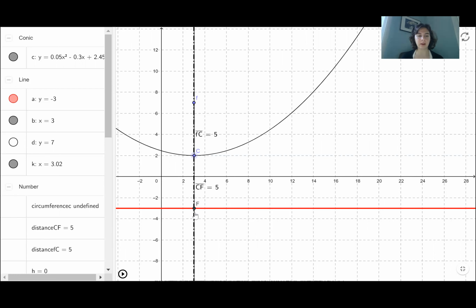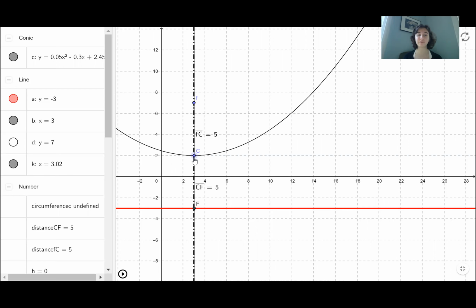And when we're talking about math classes, this can be pretty useful because you might be given the equation of a curve, and if you know the equation, you probably know the vertex. So that's where point C is.